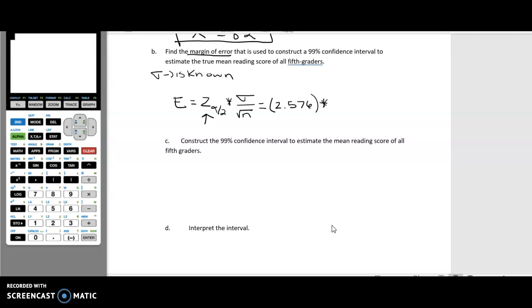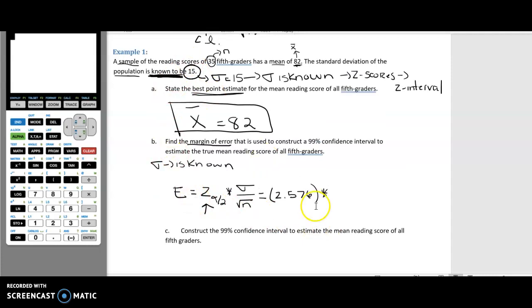Your standard deviation that comes from the problem, sigma, is 15, divided by the square root of n, where we have a sample of 35 fifth graders. So you type this in and get your decimal back.